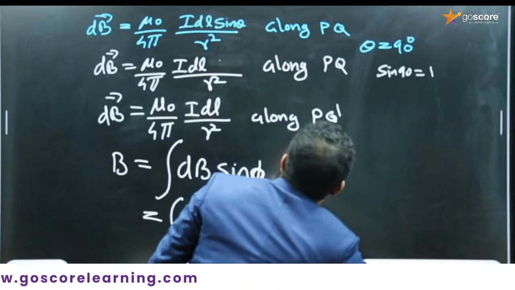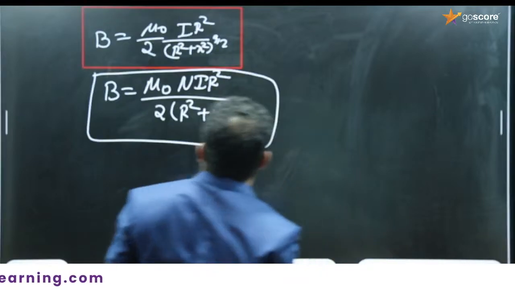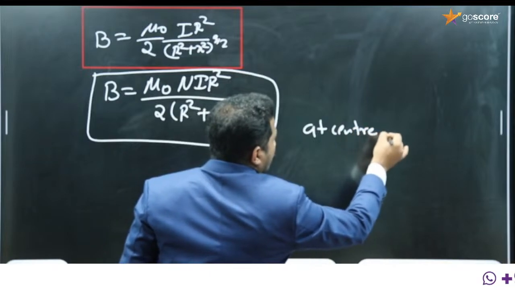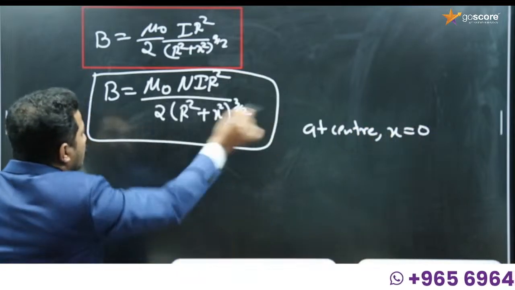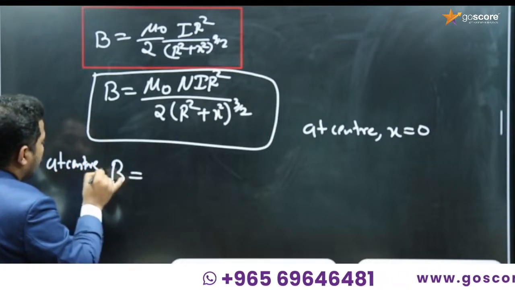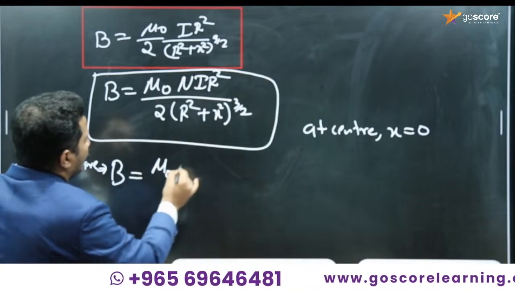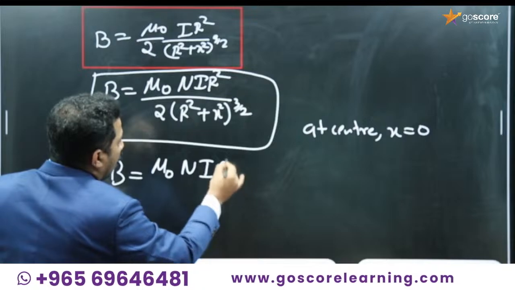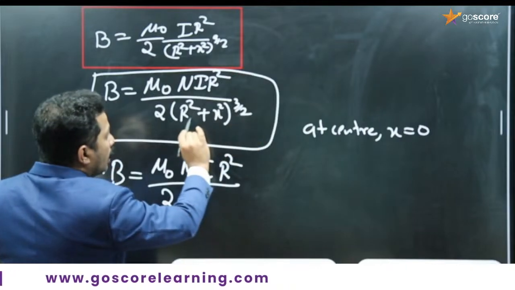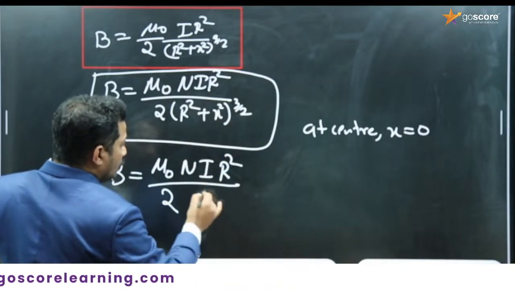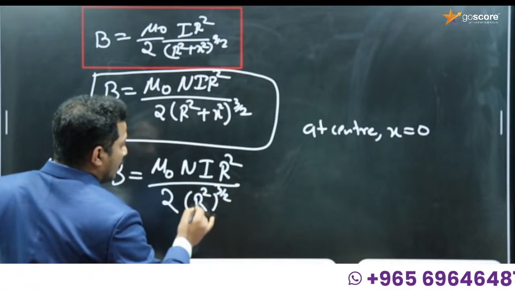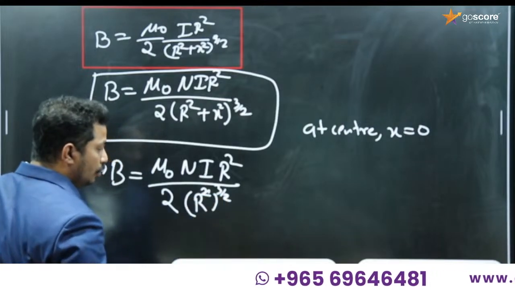So at the center, x equals 0. If we apply x equals 0 here, at the center B equals μ0 n I r² divided by 2(r² + 0) raised to 3/2, which is simply r² raised to 3/2. So r² raised to 3/2 gives r³, and the 2 remains in the denominator. So B equals μ0 n I r² divided by 2r³, and r³ and r² cancel.